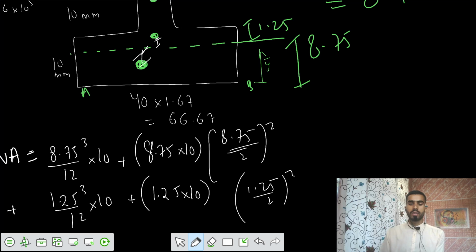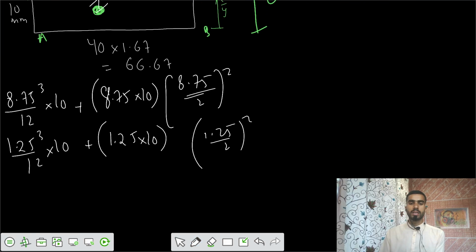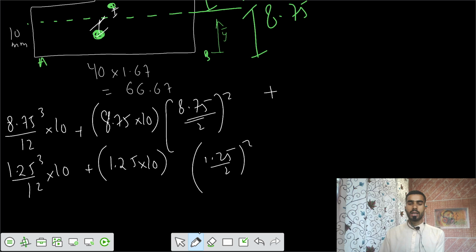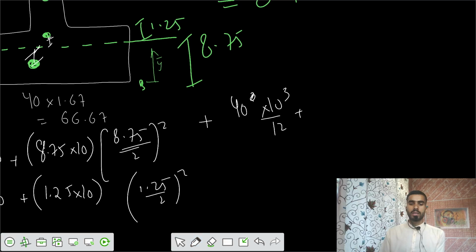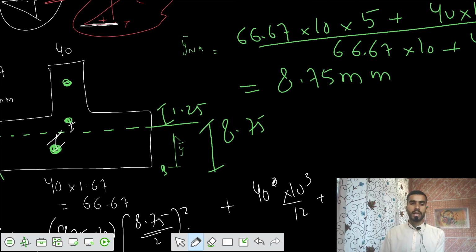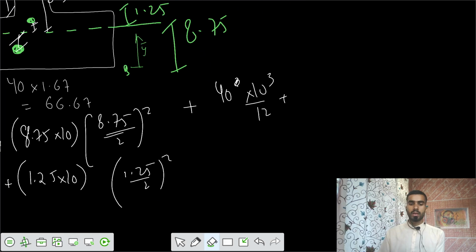After that you have the third area, 40 into 10, so 40 into 10 cube by 12, plus its effect d3 square, with total area 40 into 10 acting at (5 plus 1.25) whole square.